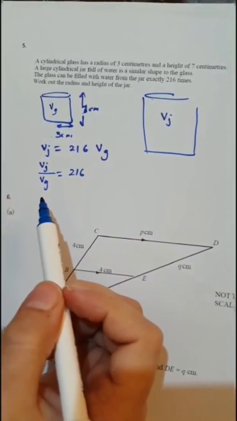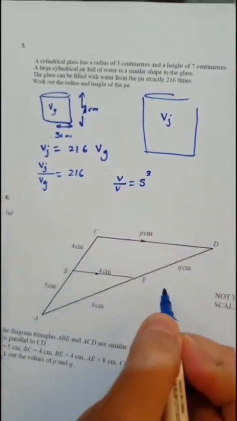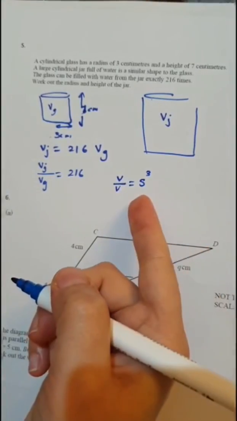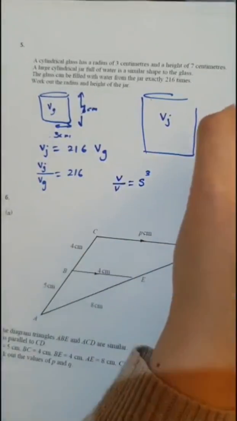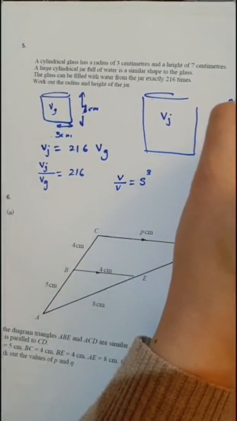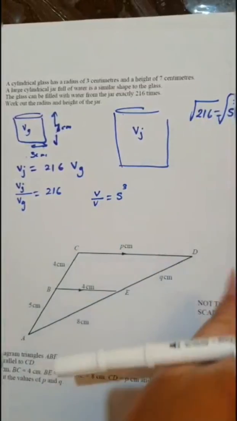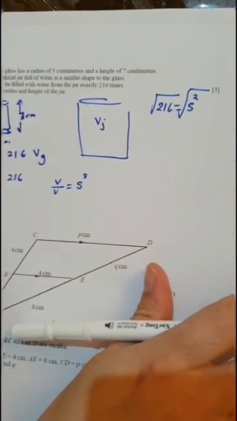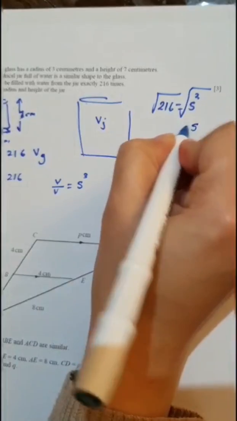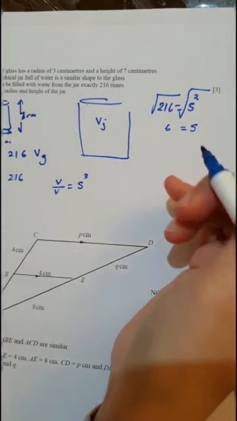And as we said before, volume over volume is the scale factor to the power of 3. This is what I'm going to use now to get the scale factor. So if 216 is equal to the scale factor to the power of 3, I take the cubic root of this, and the scale factor is equal to 6.